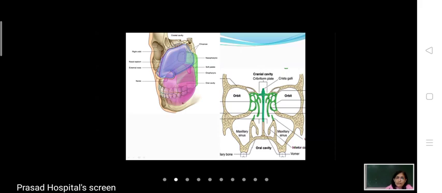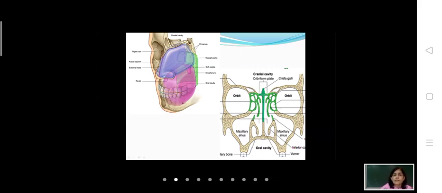Each nasal cavity communicates anteriorly with the external environment, posteriorly by way of choanae with the nasopharynx, the posterior most aperture of the nose. Likewise, there is an anterior aperture which is called anterior nares. There is a posterior aperture which is formed by the bones. This posterior aperture is called choana, and it communicates the nasal cavity with the nasopharynx.